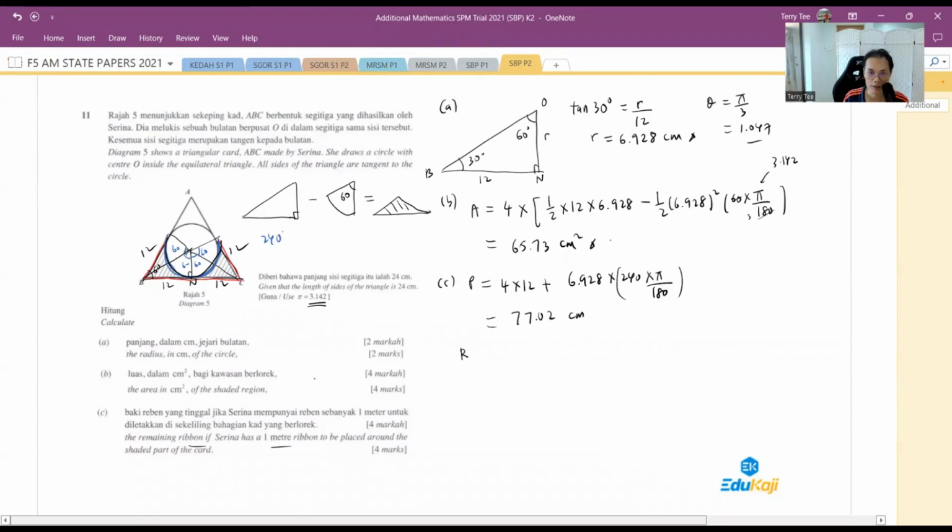So we take the total, 1 meter is 100 cm, minus 77.02. I got 22.98 cm. The length of the remaining part is 22.98.